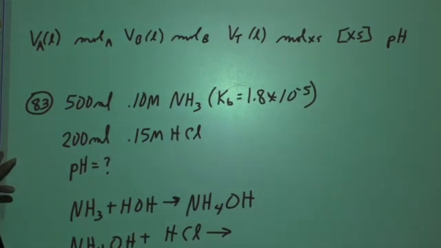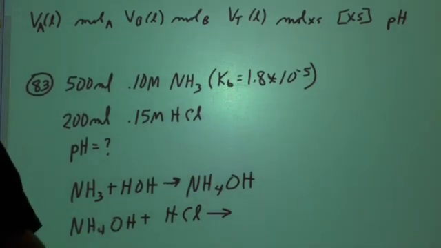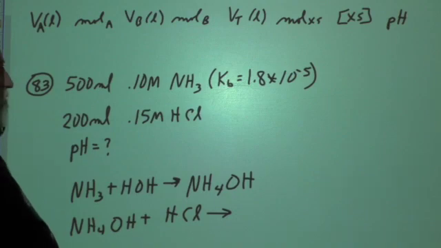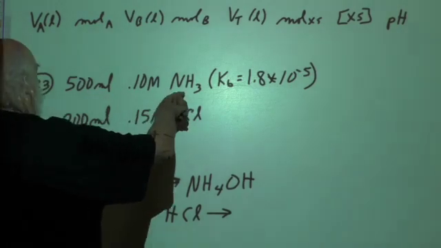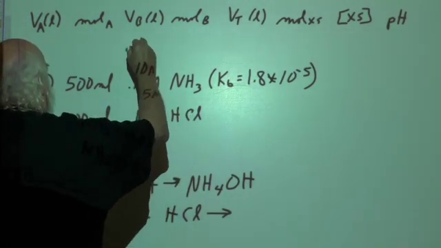83. This one at least is not an equivalence point problem, so we just have to figure out what stage it's at. We have 500 milliliters of a weak base, so that's 0.5 liters.